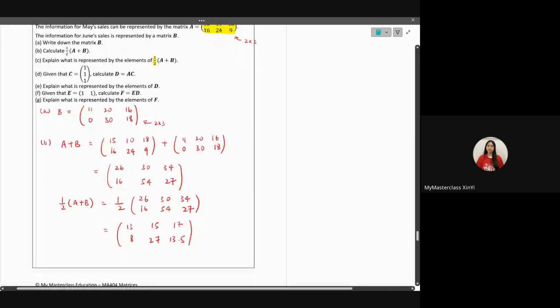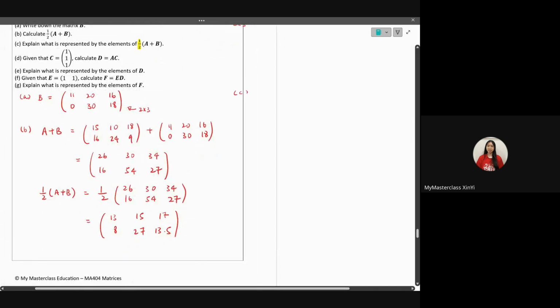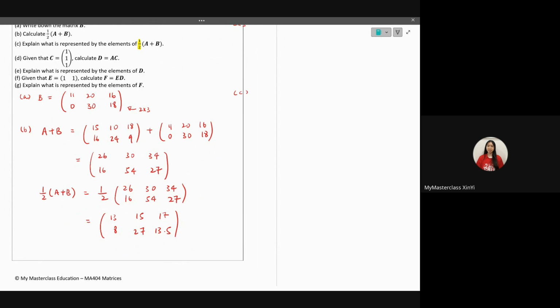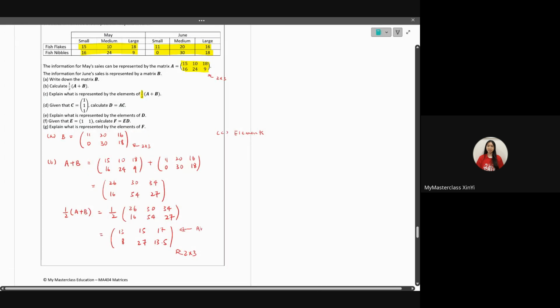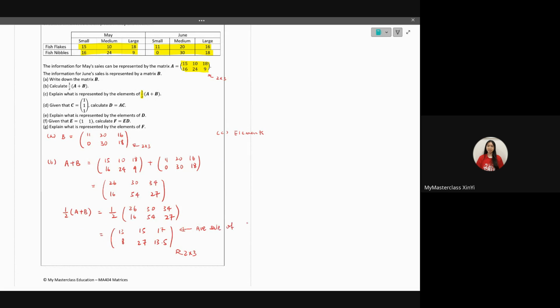So for part C, the elements. So here this is a 2 by 3 matrix, right? So 2 by 3 matrix are here. This is basically the average sale of, this first row should be for fish flakes, right?